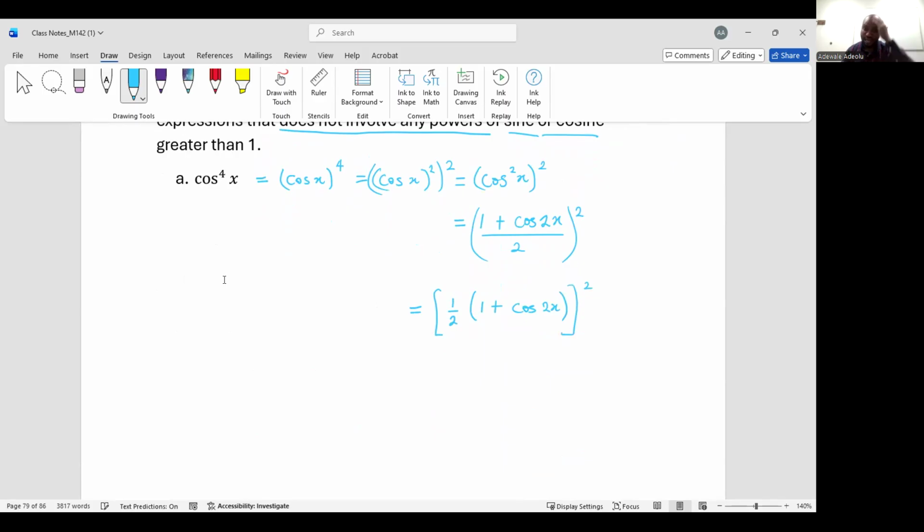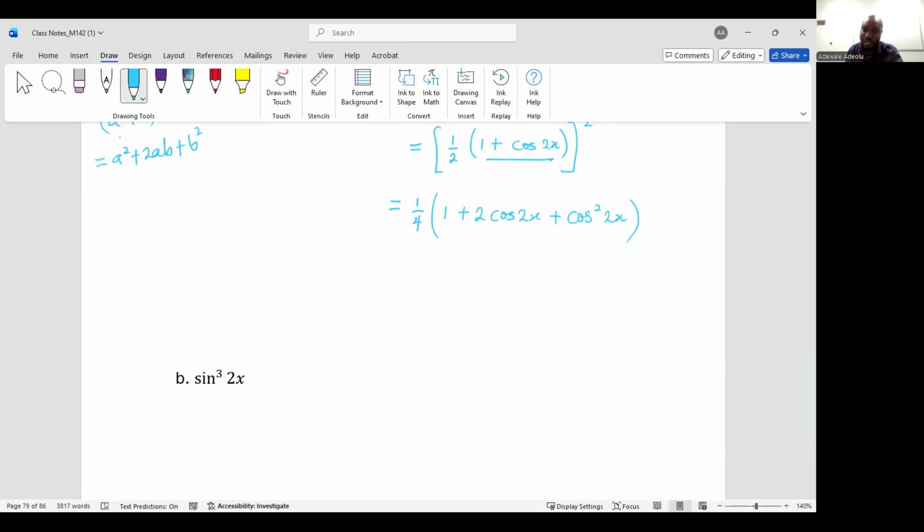Just bringing that out. Okay, now if I use that square on it, I will have 1 over 4 into, if I have a plus b, everything raised to power 2, it is the same thing as a squared plus 2ab plus b squared. You should know this by now in your head. So if I apply that, here I will have 1 plus 2 cosine of 2x plus cosine squared of 2x.